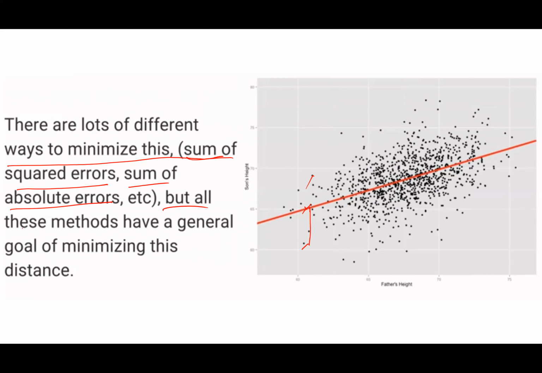But all these methods have a general goal of minimizing this distance. Whatever distance parameter I take, the absolute error, the square of the error, or the root of the mean squared error, the three we discussed in the last class, the ultimate goal is to minimize that parameter for all the data points.